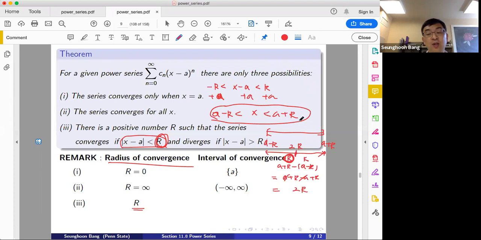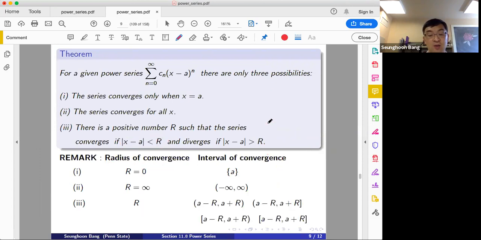Is the right-hand point included or not? We have four possibilities. If we exclude both endpoints, we have only an open interval. If only the left-hand point is included, it's a half-closed interval. If only the right-hand point is included, similarly a half-closed interval. If both endpoints are included, we have a closed interval. So we have four possibilities depending on the endpoints.